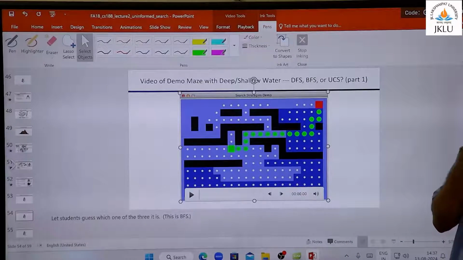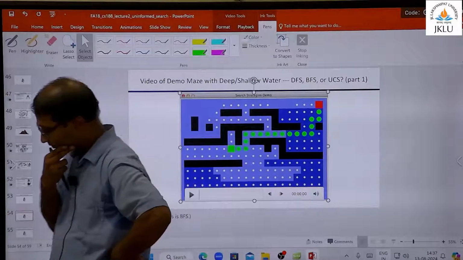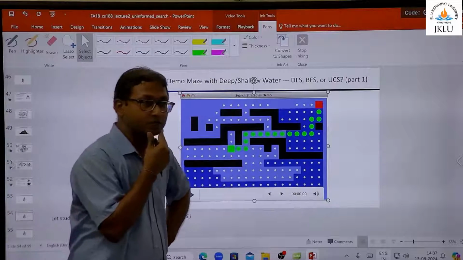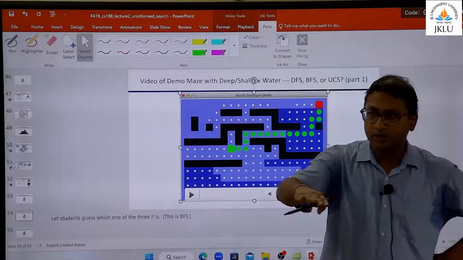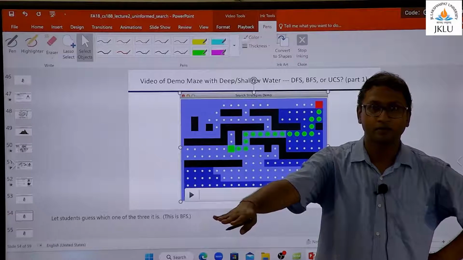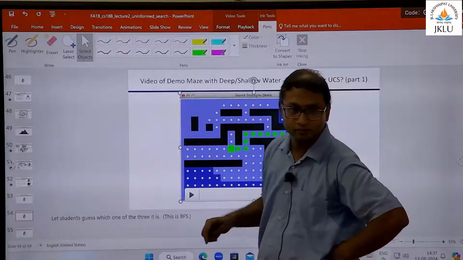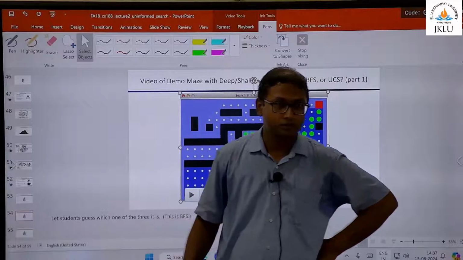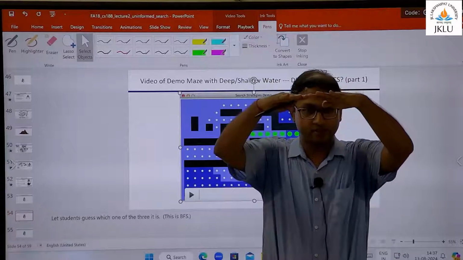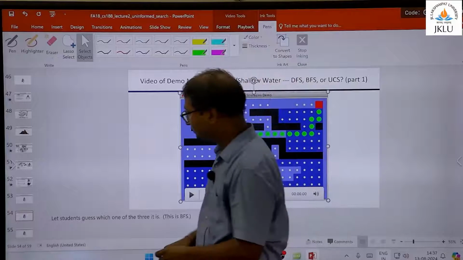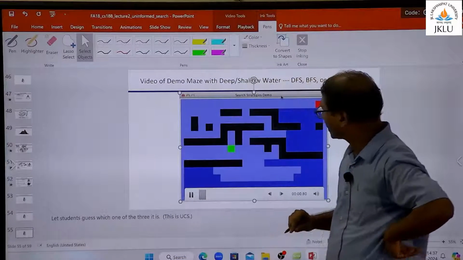Why? It goes to the shallowest node first, right? Shallowest. Now this makes more sense.